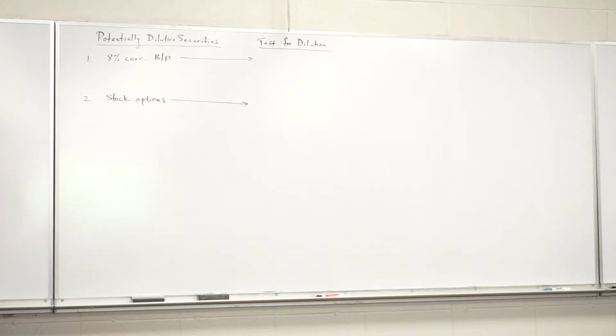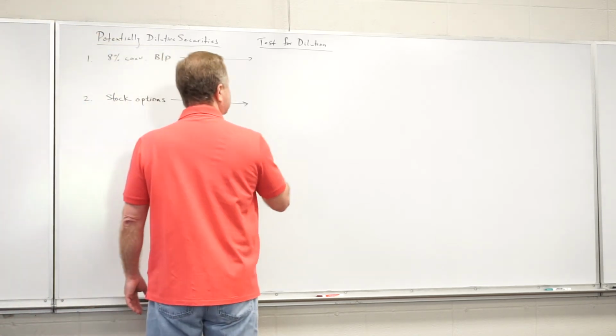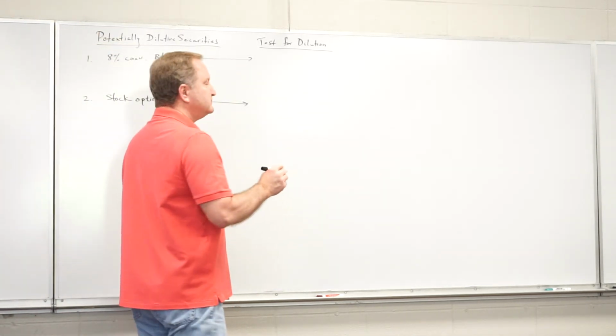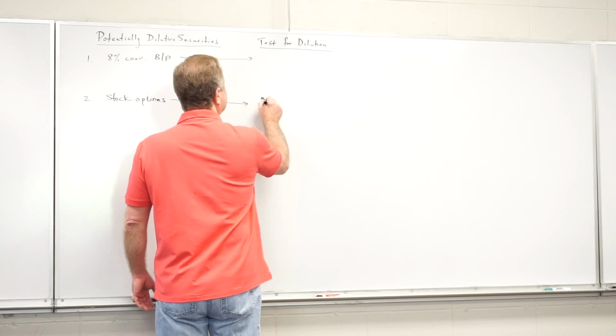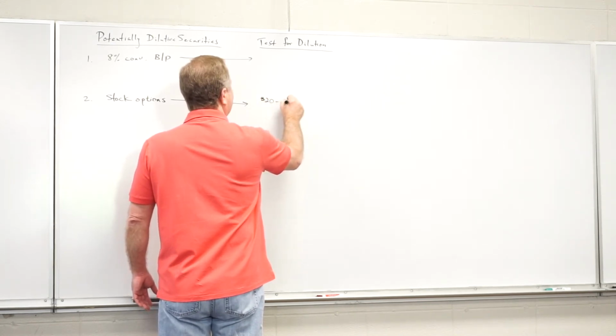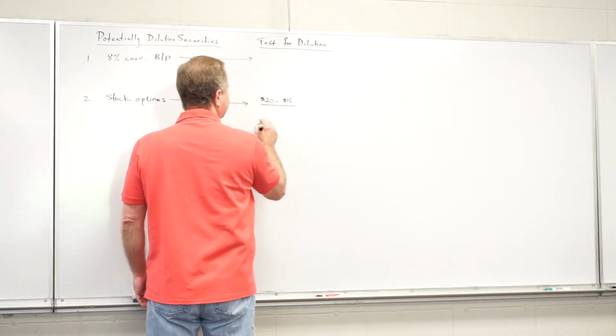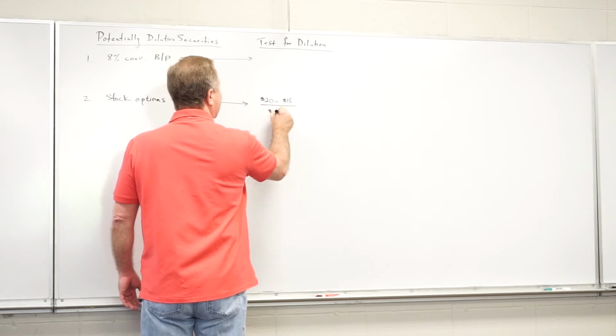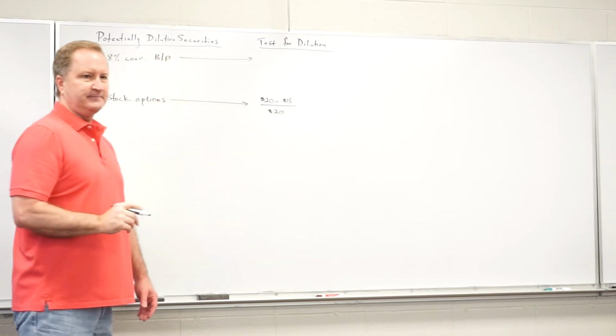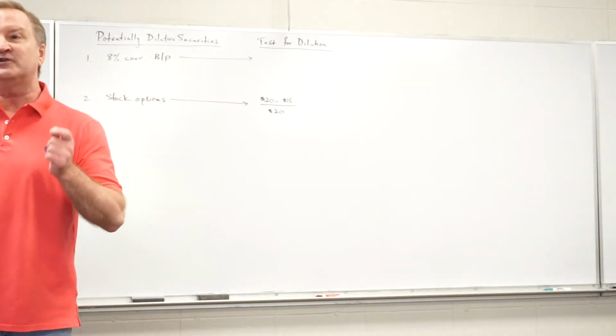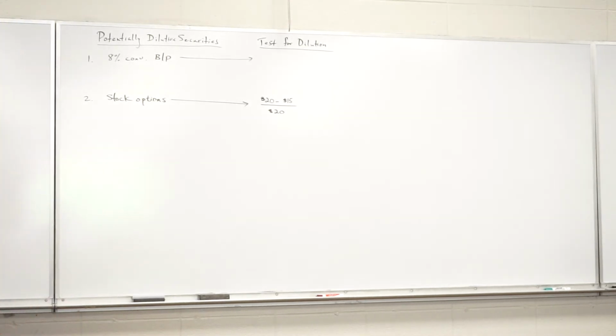Remember, the formula at the bottom of that page in the book says take the average market price of $20 minus the exercise price of 15 and divide by the average market price. Whenever the average market price during the year is greater than the exercise price, these options are going to be dilutive.